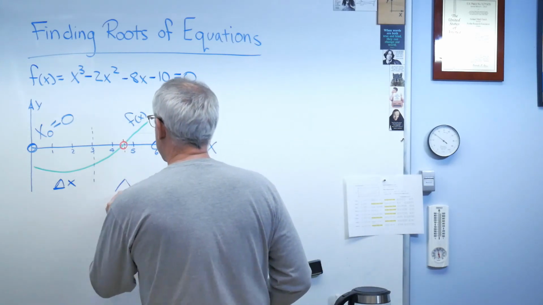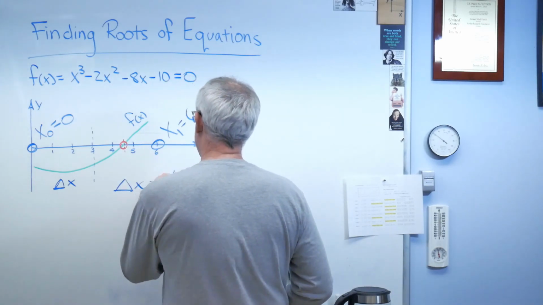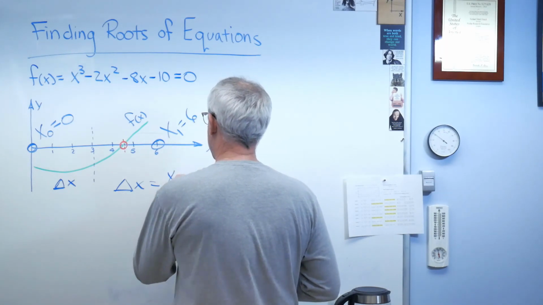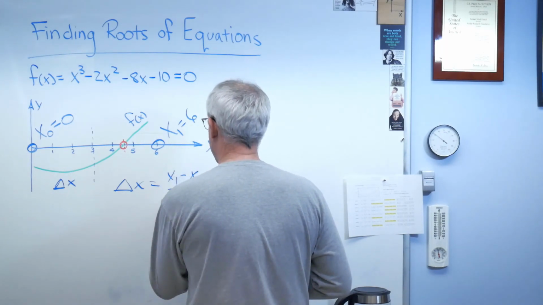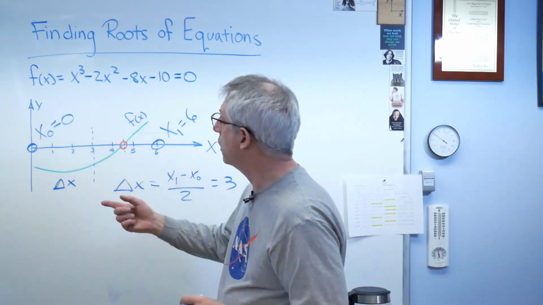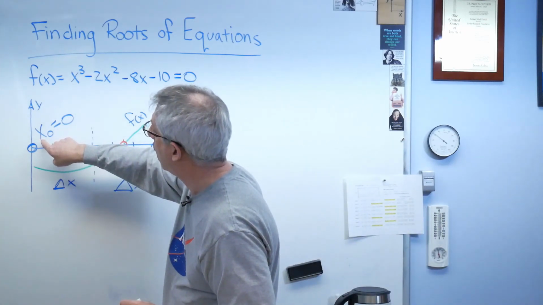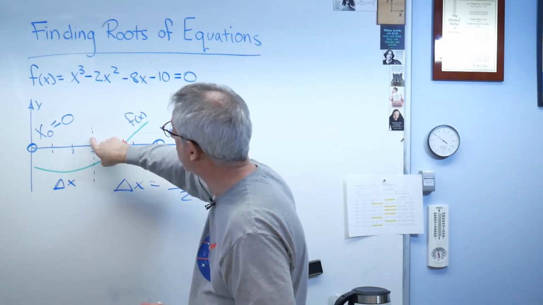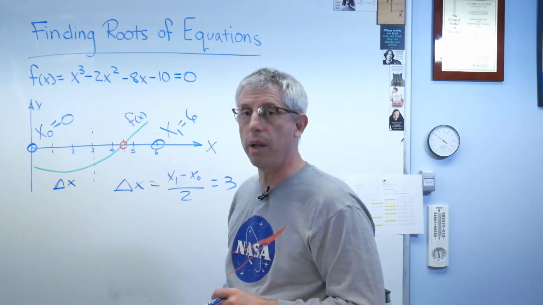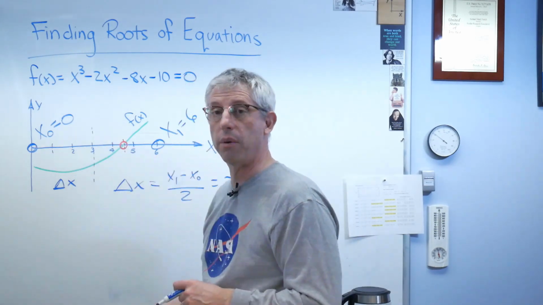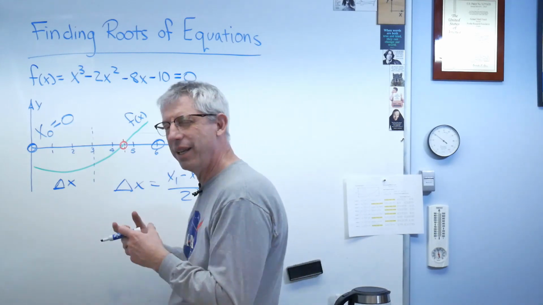So delta x is x1 minus x0 over 2, and here it's 3. Okay, so I'm going to figure out f of x0 plus delta x, and f of x1. And I'm going to multiply this one times that one and this one times that one and see which one's negative. Well, I don't have to do that here.